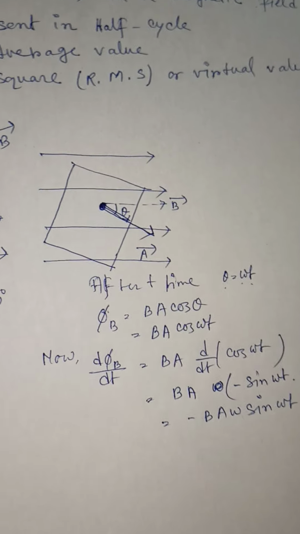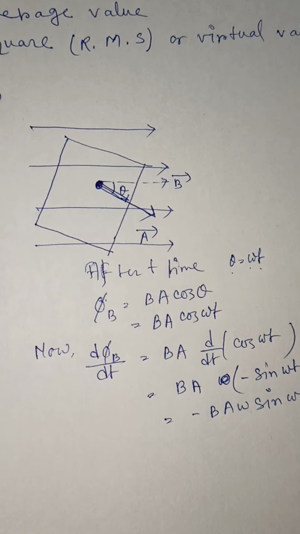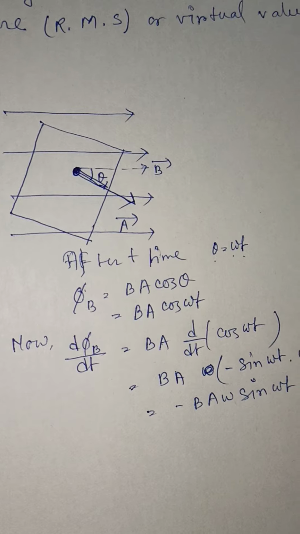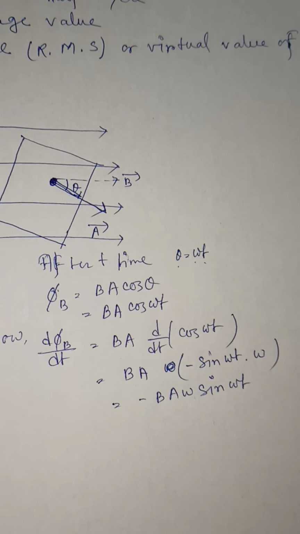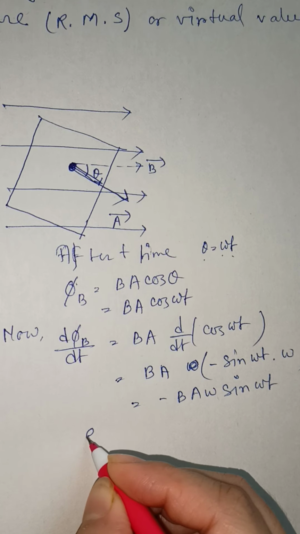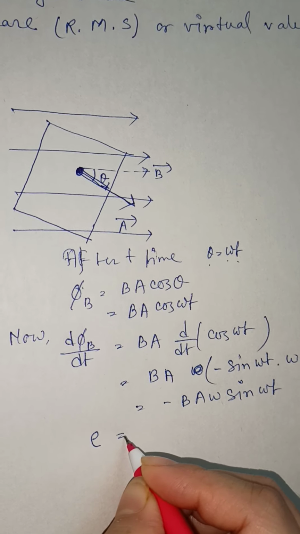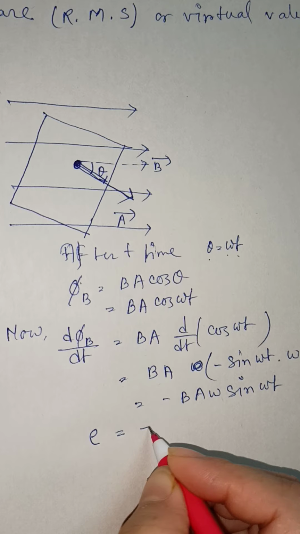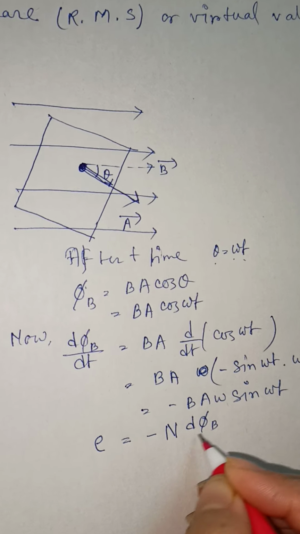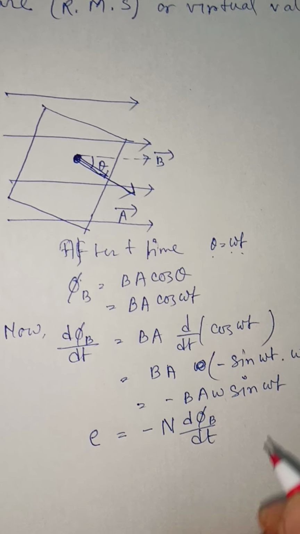From Faraday's law, we know that if the magnetic flux linked with any loop changes, then EMF is induced inside this loop, and the value of EMF equals minus d phi B by dt. Right.